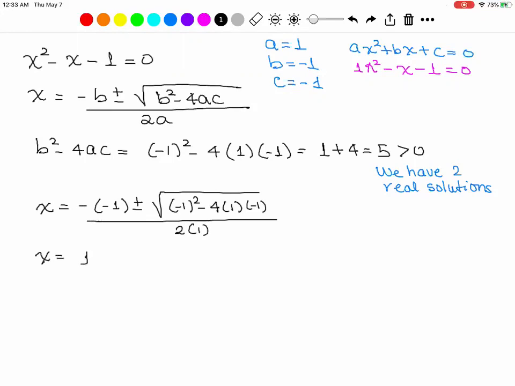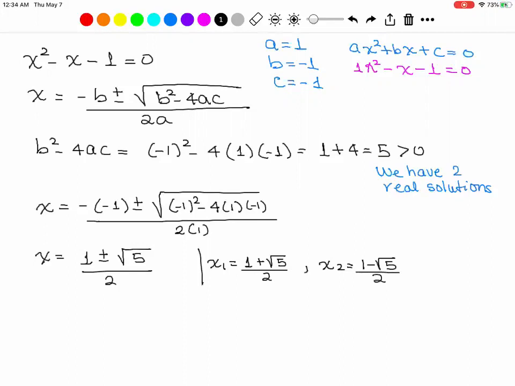Then x is equal to 1 plus minus root of 5 over 2. So if you want to write the two values of x, that will look like x1 is equal to 1 plus root 5 over 2, and x2 is equal to 1 minus root 5 over 2. Those are the two solutions.